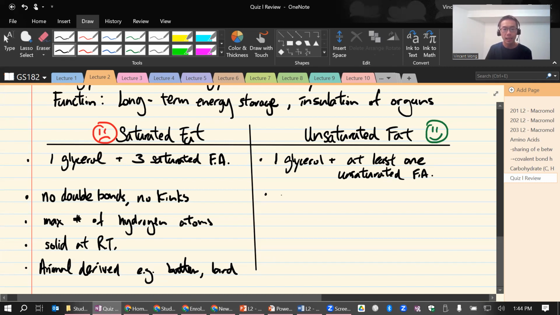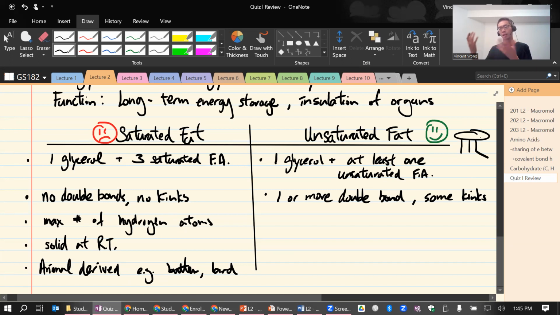Here it might have 1 or more double bonds. Okay, some kinks. In class I was telling you they look like this, right? With the kink. So they don't pack together easily. They still have room for more hydrogen.